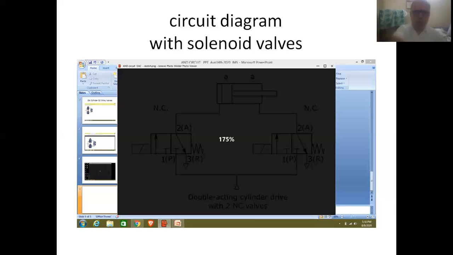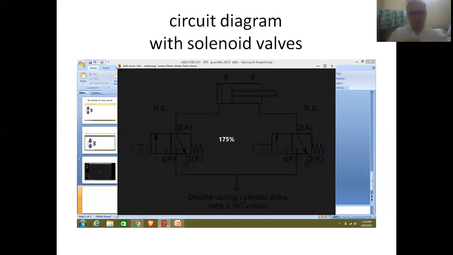Now, one passage is made on the left hand side of the piston, that is called the first port of the cylinder, and one more passage is made on the right hand side of the piston, that is called the second port of the cylinder.